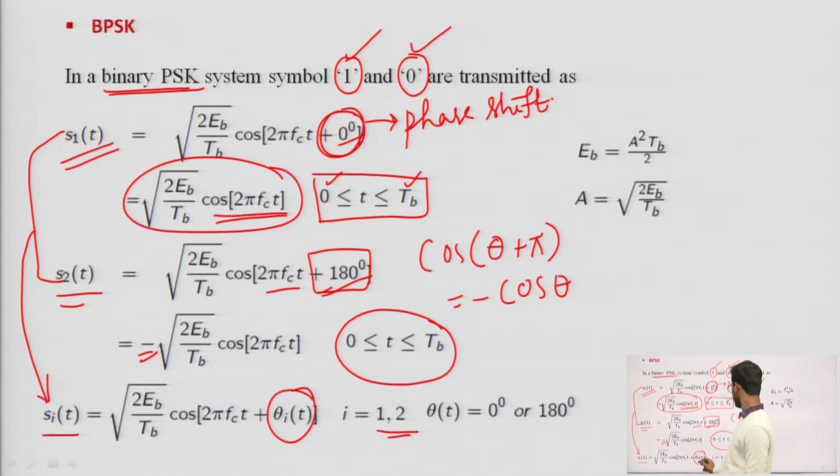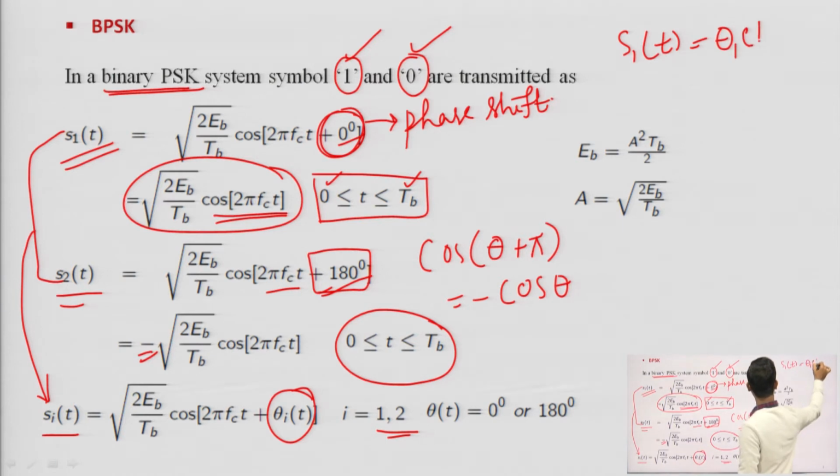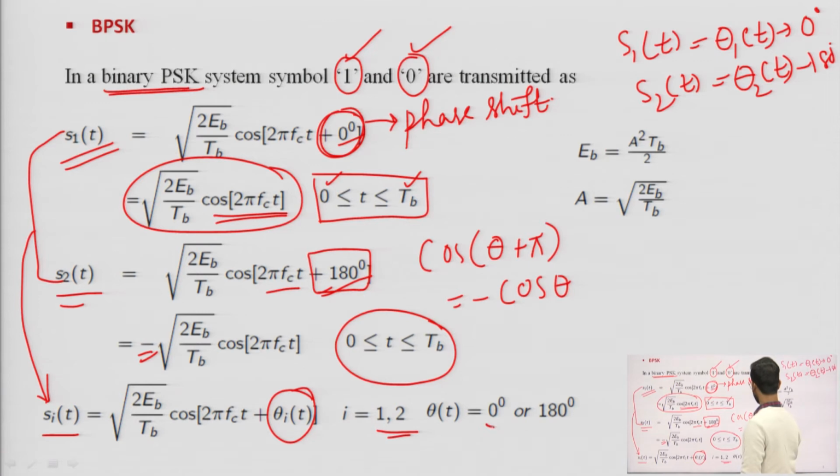S1(t) is related to theta_1(t), and similarly S2(t) is related to theta_2(t), and this is for 0 degree, this is for 180 degree phase shift.